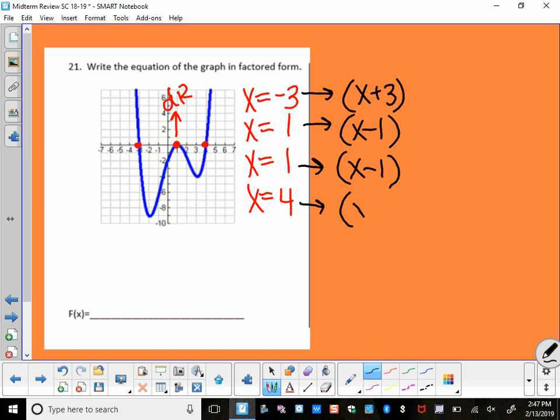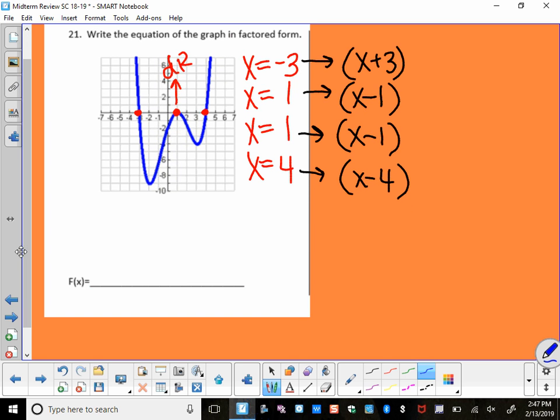My last is going to be x minus 4. All you have to do is write down your factors for your equation. It's saying write an equation for the graph in factored form. So I have x plus 3, x minus 1. I'm going to just square this. I don't want to write it twice.